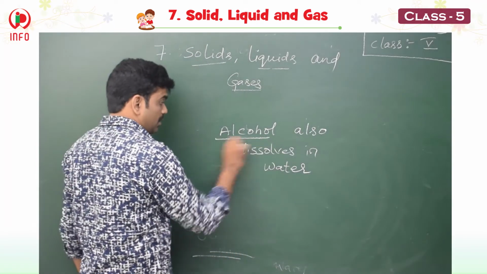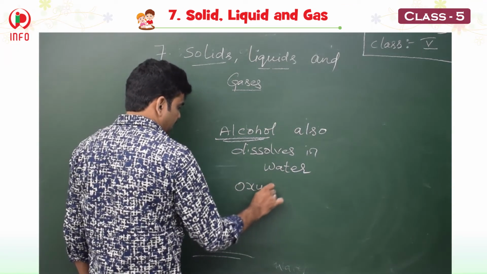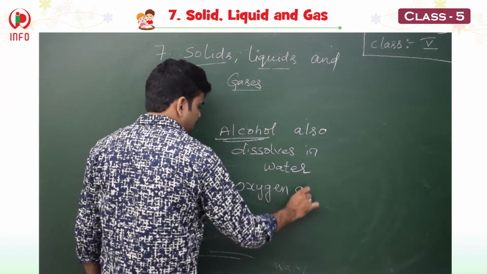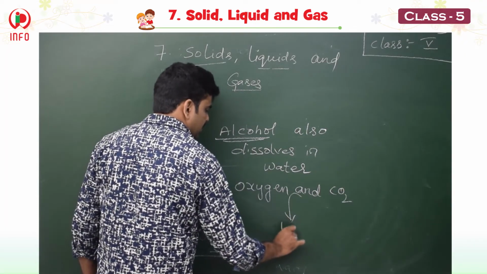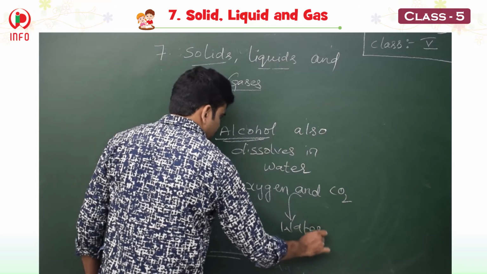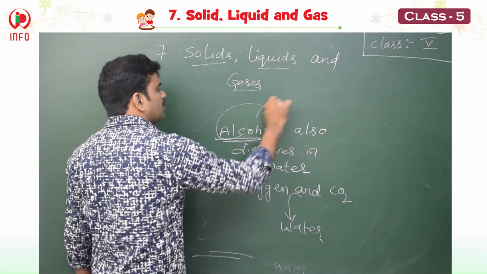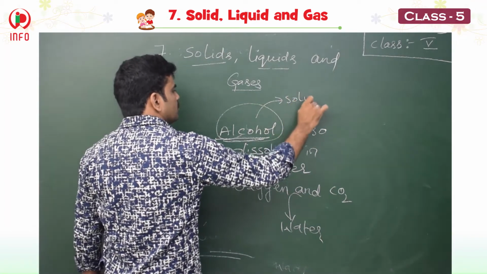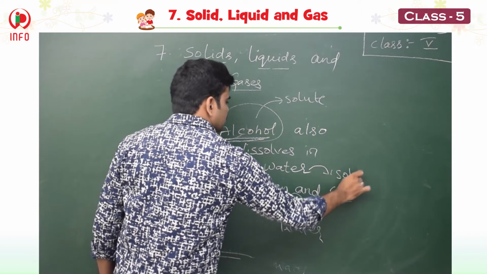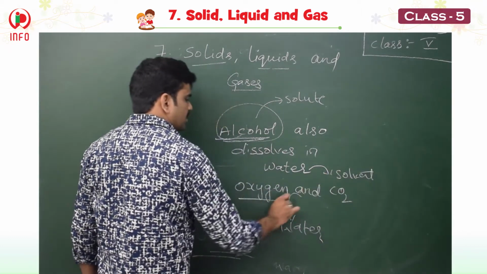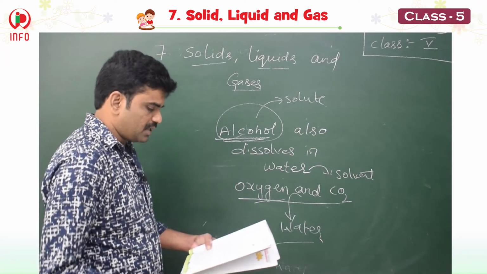Not only alcohol, even gases like oxygen and carbon dioxide also dissolve in water. So, when alcohol dissolves in water, the alcohol becomes the solute and the water becomes the solvent. Like this, oxygen and carbon dioxide become solute and water becomes solvent.